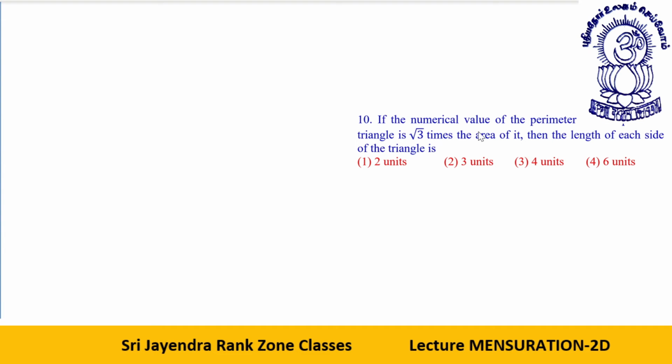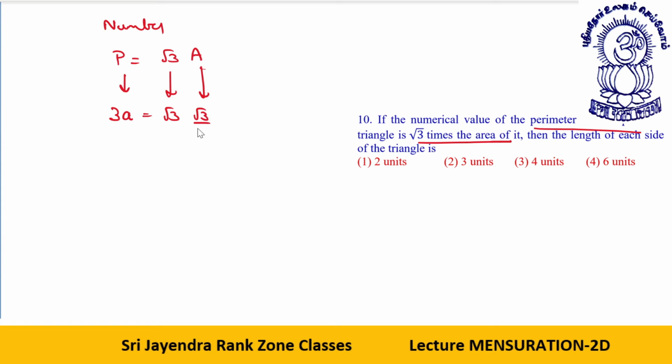The numerical value of the perimeter of an equilateral triangle is root 3 times its area. See, let's talk about numbers only. Perimeter is root 3 times the area. What is perimeter? Perimeter is 3a. What is the area? The area is root 3 by 4 a square. 3 and 3 will cancel. a is equal to a into a by 4. a and a will cancel.